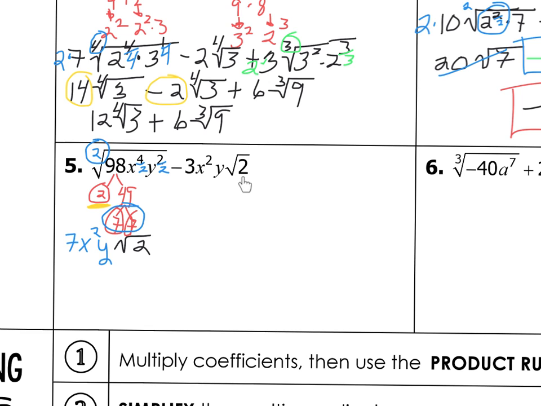And then this one right here is fully simplified, right? There's nothing I can take out there. So I have a -3 x squared y square root of 2. Now they both have the same index of 2 and the same radicand of 2, so they're like radicals. So then all I have to do is look at the coefficient in front.